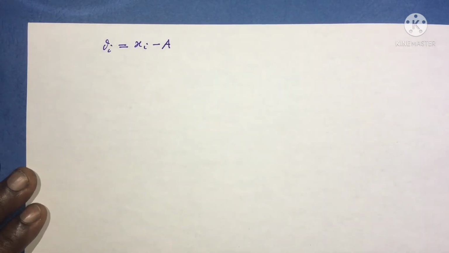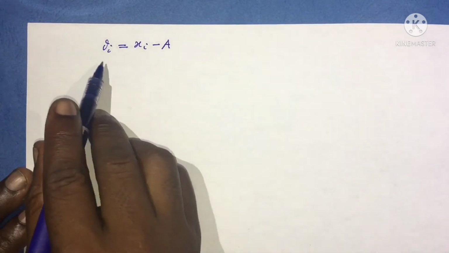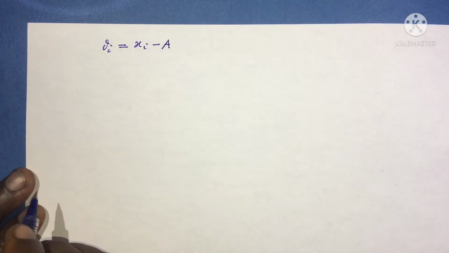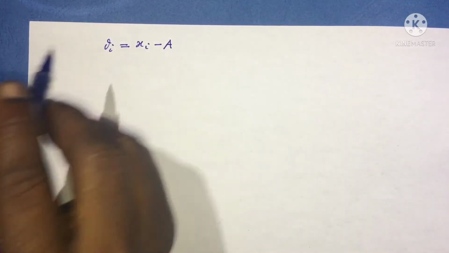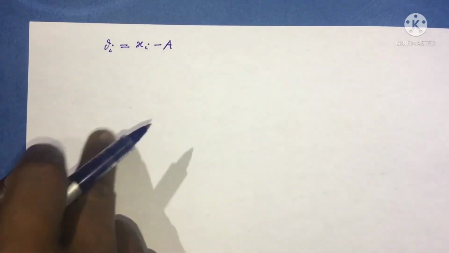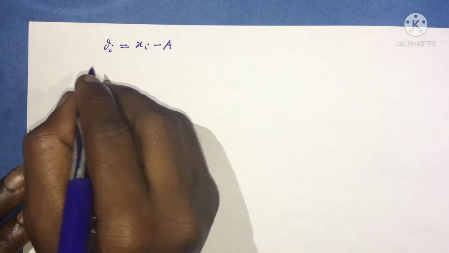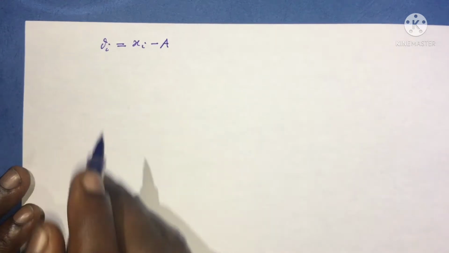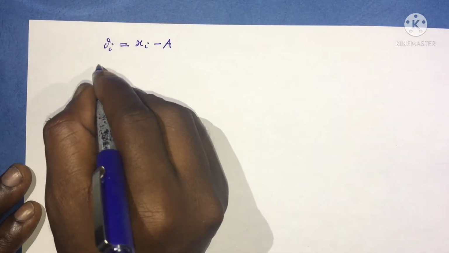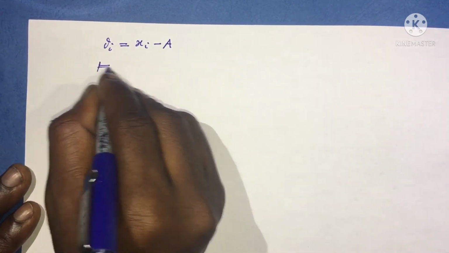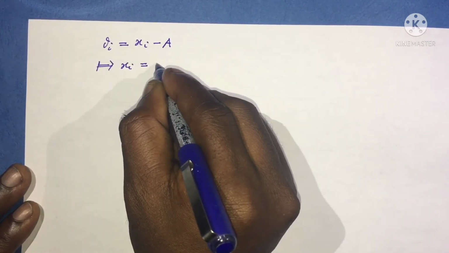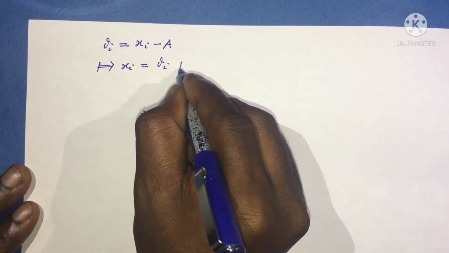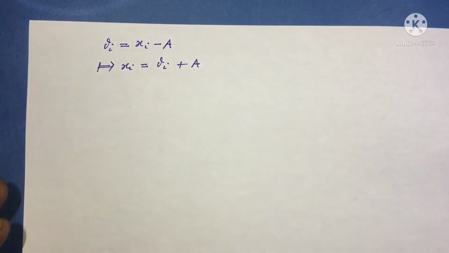Now if di is equal to xi minus a, take note we are considering a case without frequencies. So this would imply that I can make xi my subject of formula, and that will give me di plus a.